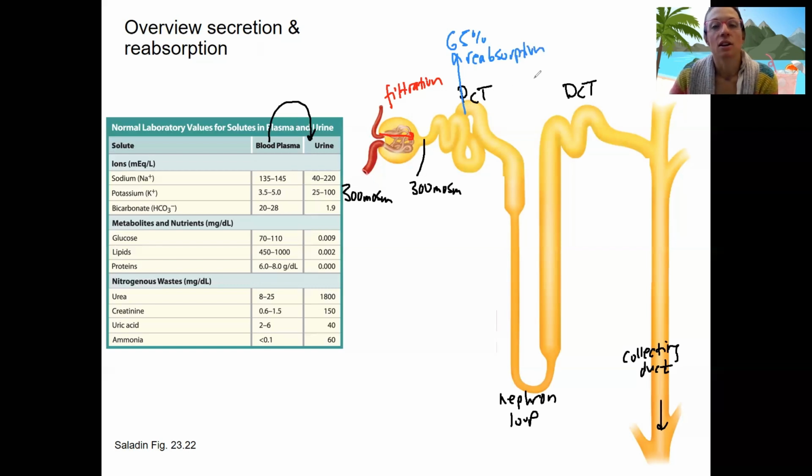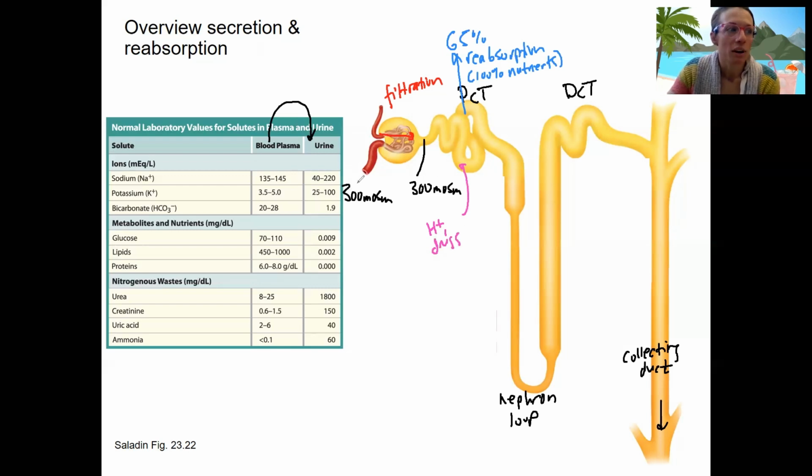So that is electrolytes, water, and about 100% of our nutrients actually at this point, so glucose and amino acids are reabsorbed. And we will look at this in more detail. We do have some secretion also occur at the PCT. I will add in a little arrow showing you that. So here's secretion: hydrogen ions, some drugs.